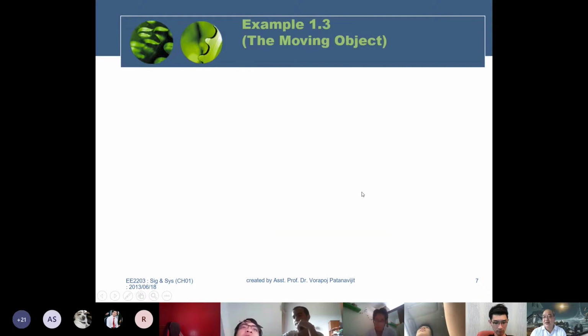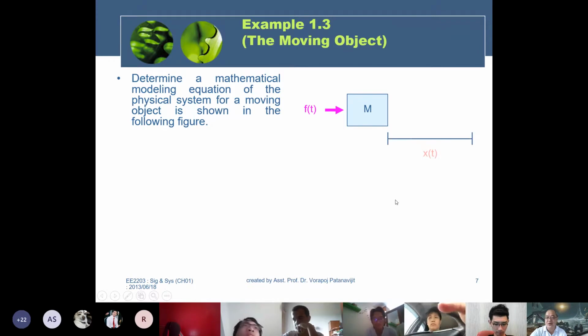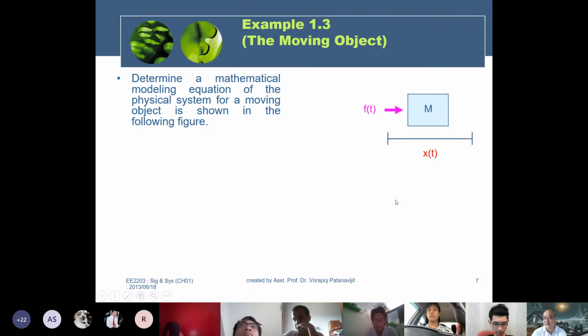Now, for the circuit, you already passed it, but in engineering, I think everyone not only studies circuits, you study mechanics and other subjects. For example, here, determine the mathematical model equation of the physical system for the moving object shown in this figure. If you apply a force to this block, this object that has the mass m moves this distance. What happens if it has acceleration a?